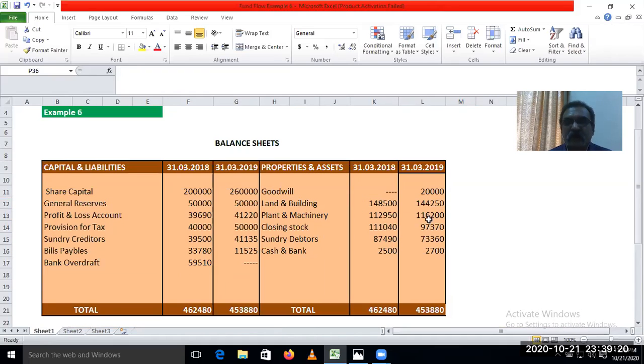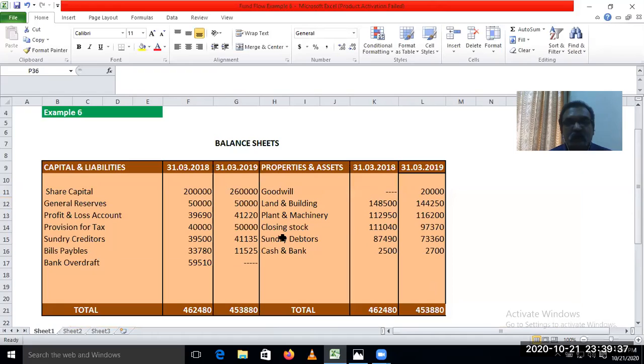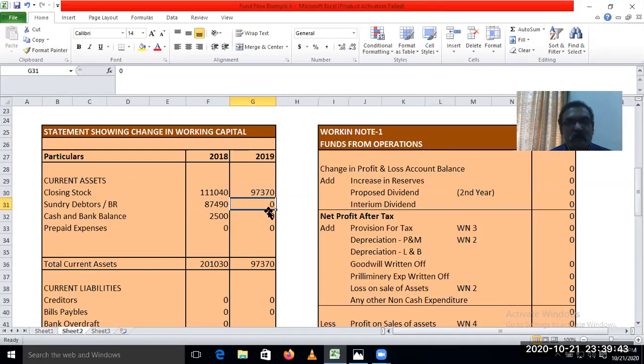Check out the second year, that is 31st March 2019. Stock is rupees 97,370. Debtors are 73,360.